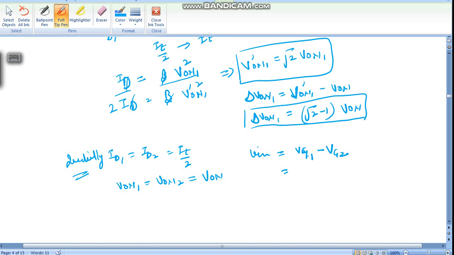Source is common, so we can write it like this: VGS1 minus VGS2. If we write it like this, so this is some DC VCM plus V in by 2, minus VCM minus V in by 2.